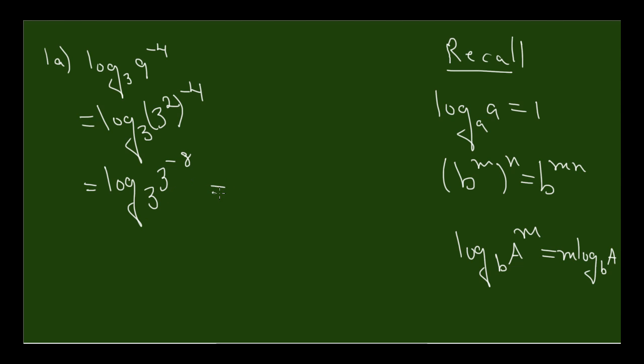We can then bring this negative 8 out, giving us negative 8 times log base 3 of 3, but log base 3 of 3 is just 1, so this becomes negative 8 times 1, or simply negative 8. And that's it.